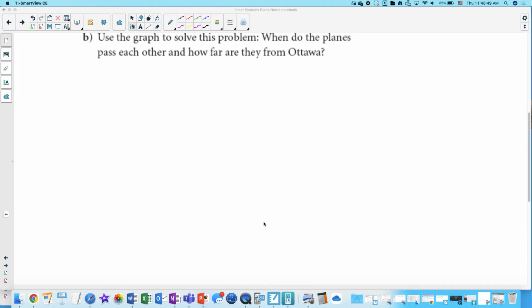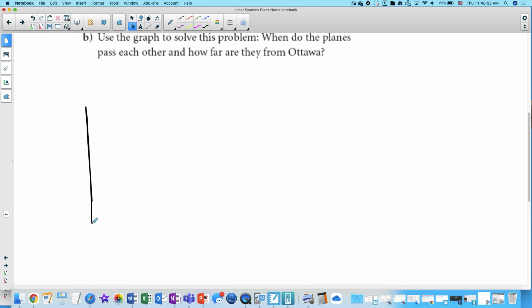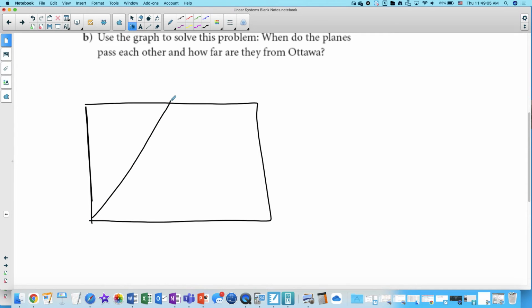What you're going to do is make a square, or a rectangle actually, and this represents the screen of your calculator. So on here, you are going to put in what you see. And what we saw was something like this. Okay, and this intersection point was 1.86 repeating and 653.3 repeating.